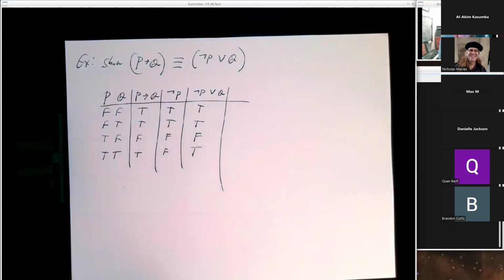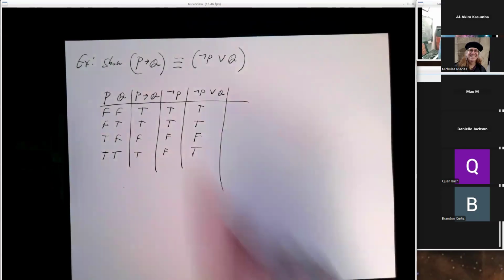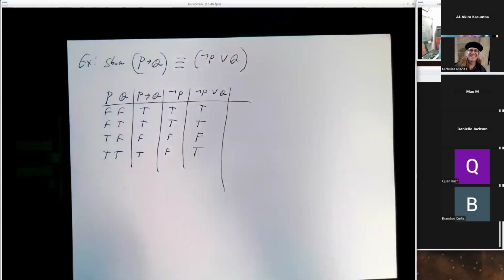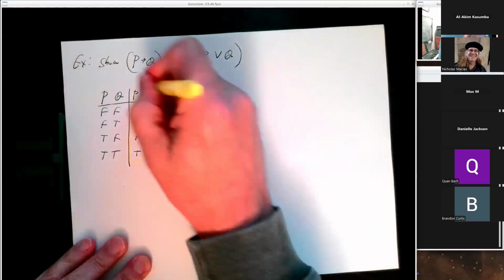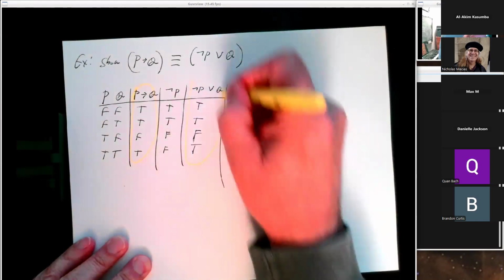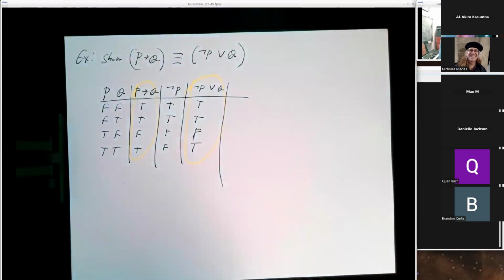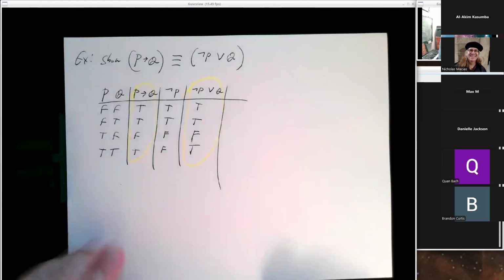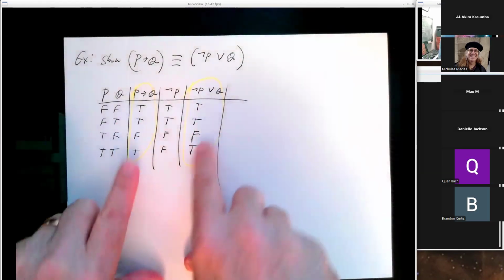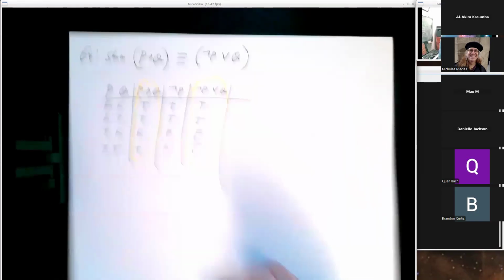So very mechanically, we can fill in truth values for this expression and this expression, and then we make the observation that these two columns always have the same truth value. Regardless of what P and Q are, these will both be true or they'll both be false.